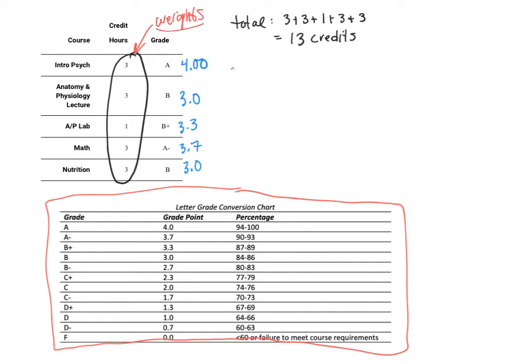So we would get 3 times the value associated with that, which is just 4.0, plus 3 times 3.0, plus 1 credit was the weight, and they earned a 3.3 grade points in that particular course, plus 3 times 3.7, plus 3 credits of 3.0. And I'm just going to write 3. If you want to put parentheses around those just to help yourself organize, that's completely fine.